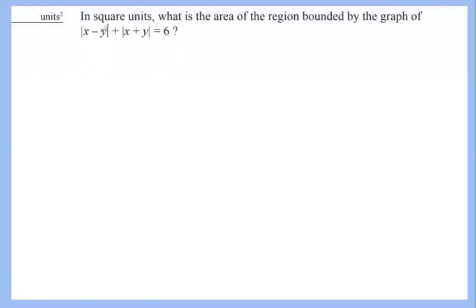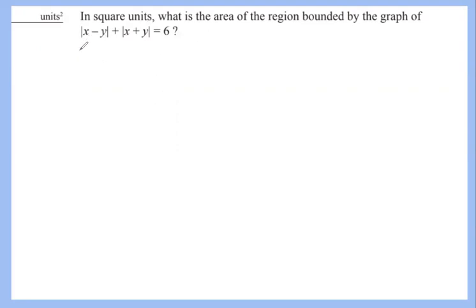So we have an absolute value plus another absolute value equal to 6. Maybe we can make our life easier by plugging in some easy values to get at least some idea about what kind of figure we are trying to see.